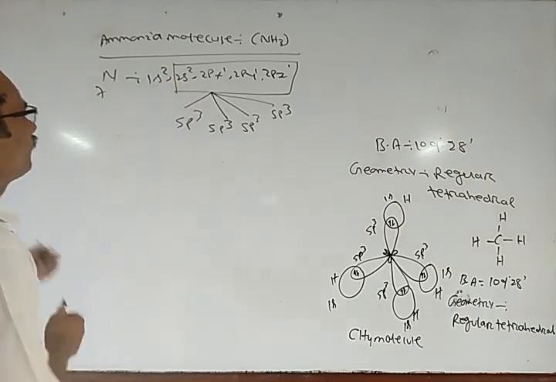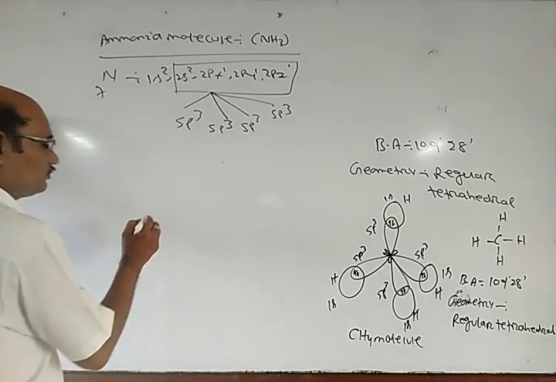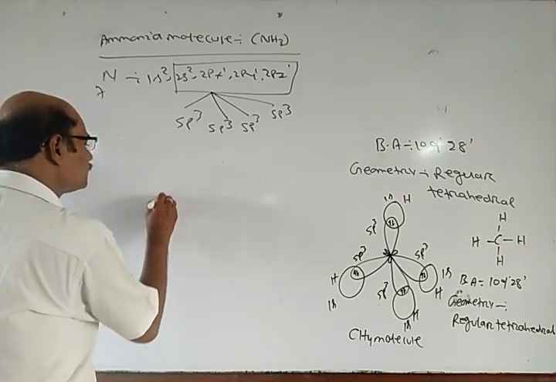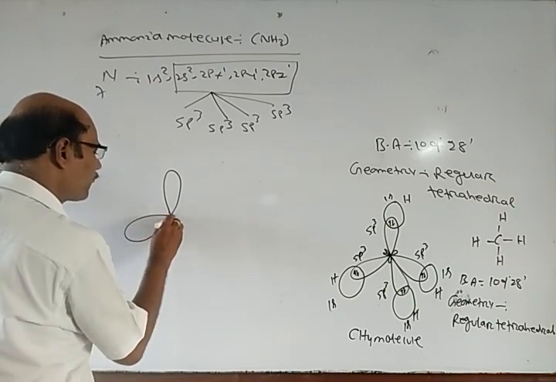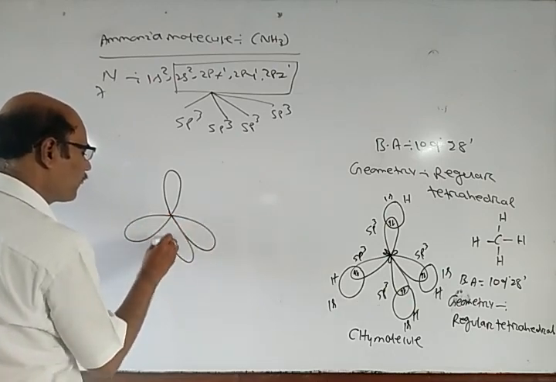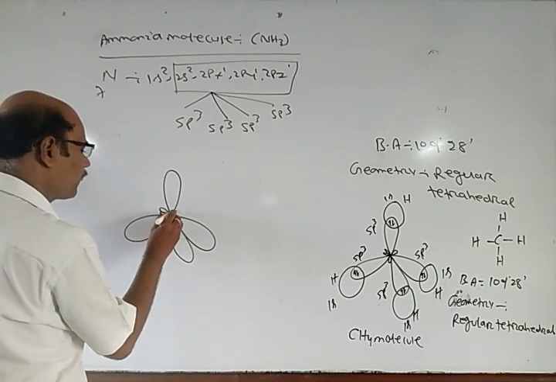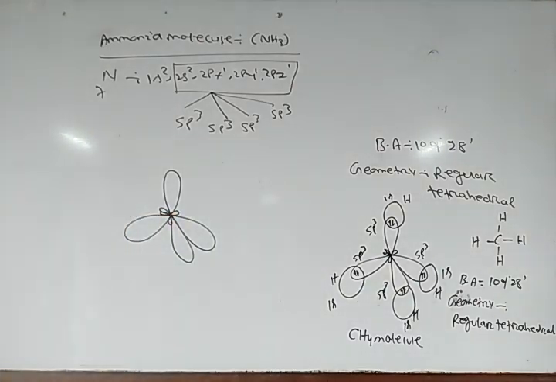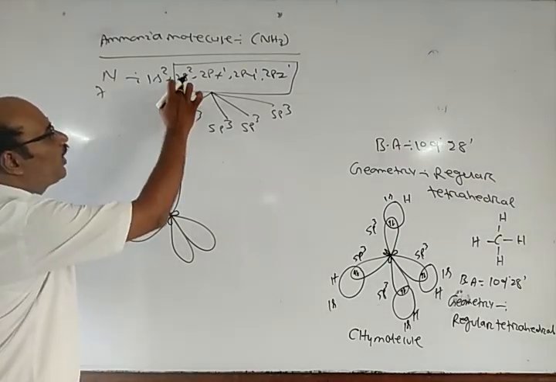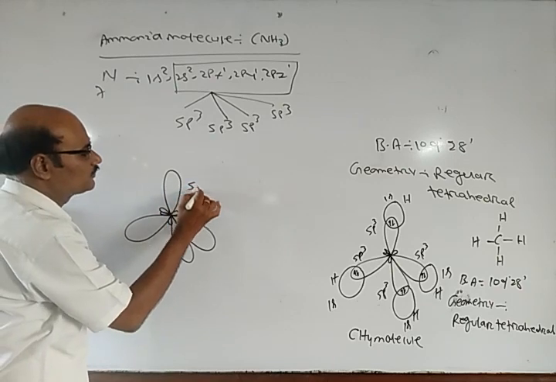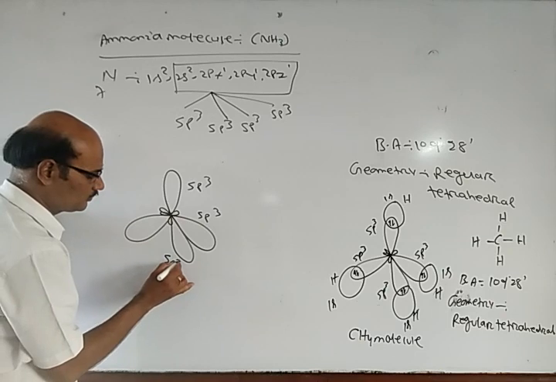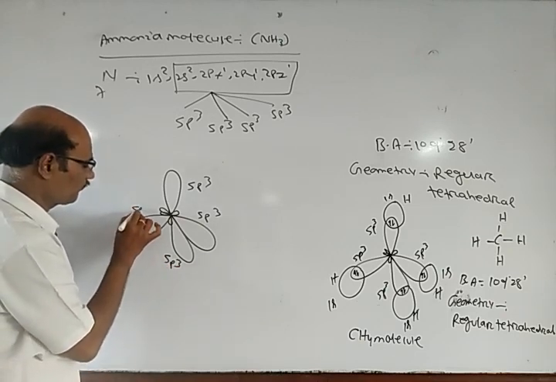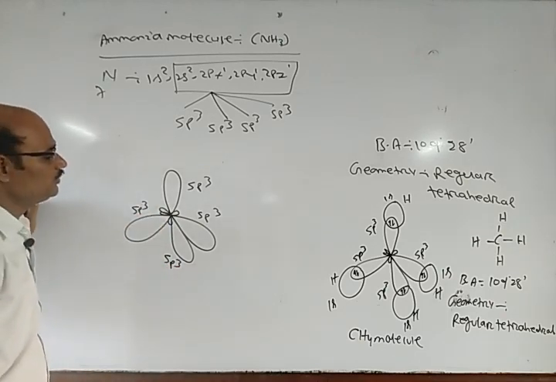Okay, so now the nitrogen atom here has four sp3 orbitals.